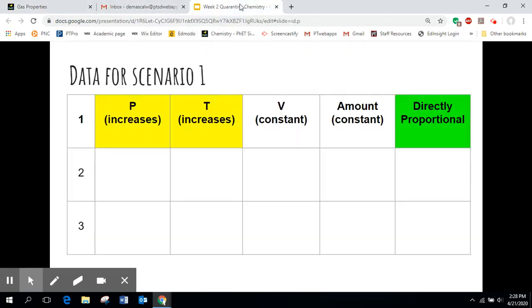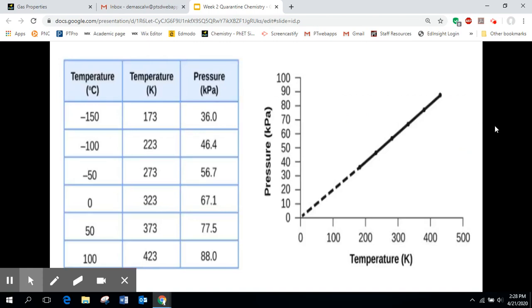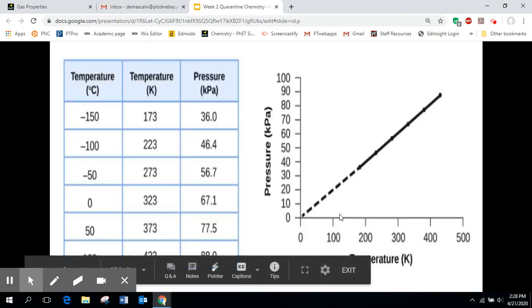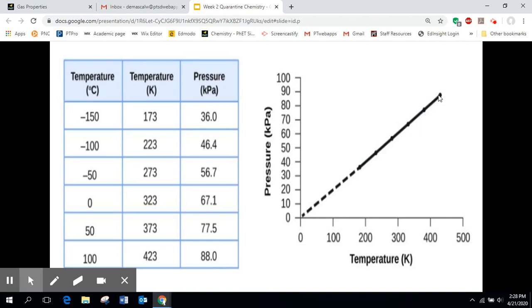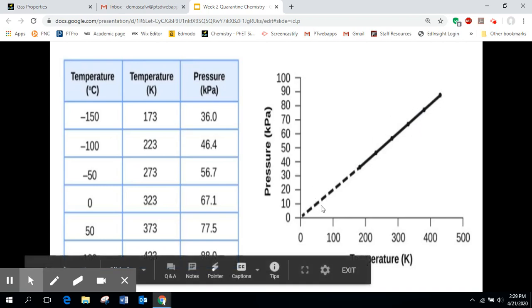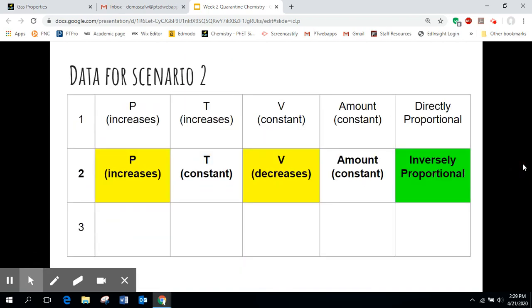That is what we would define as a directly proportional relationship. That's going to give us a graph that has a positive slope, a straight line in the lab, something like this. As your temperature is going up, your pressure is going up as well. There's a direct relationship there, directly proportional.